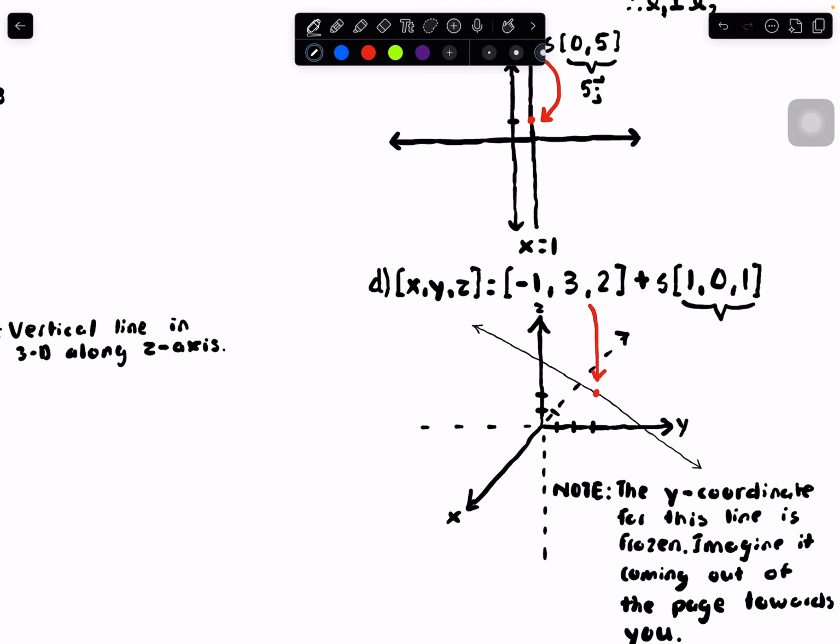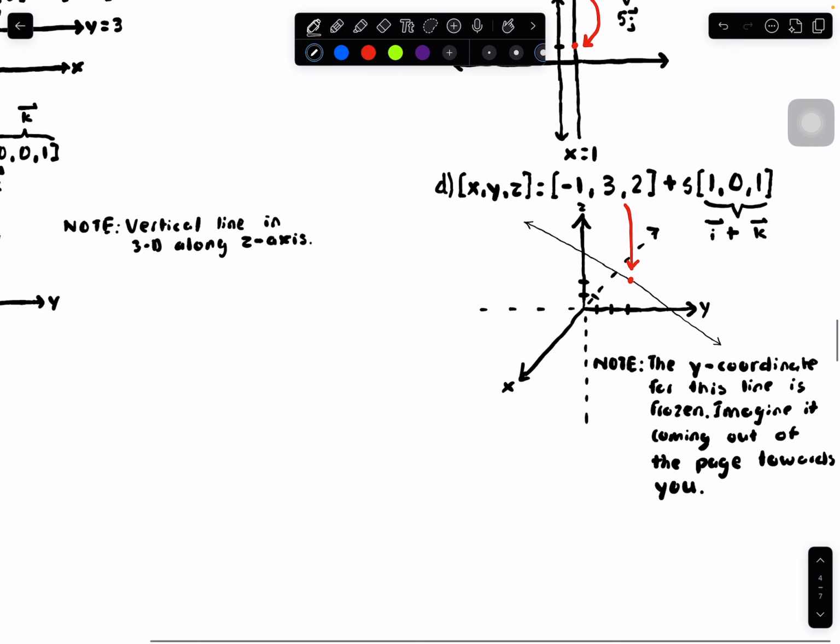You can think of this vector as i plus k. So this vector is literally coming at you. The note I wrote here: the y-coordinate for this line is frozen. Imagine it coming out of the page.